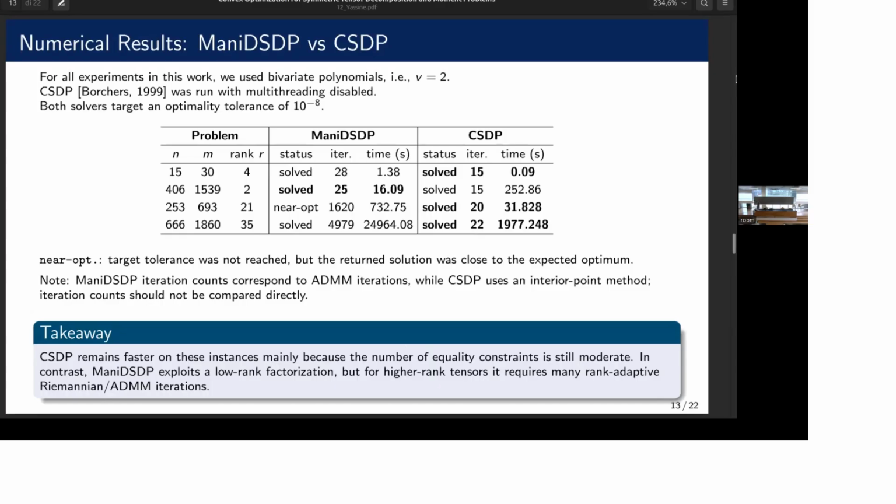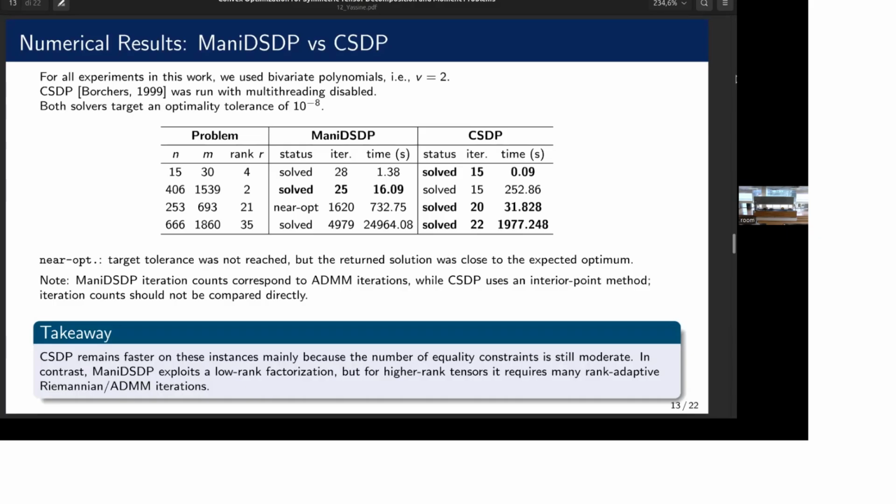And in this slide, I'm comparing ManyDSDP with CSDP on different instances, where N is the size of the SDP problem, M is the number of constraints, and R is the expected rank of the solution.